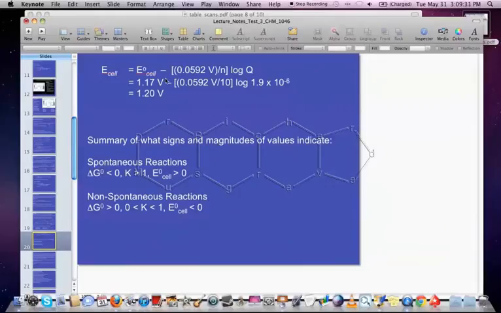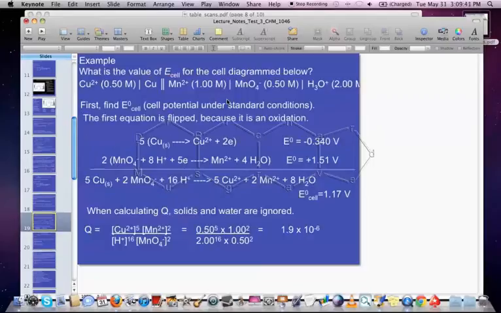Now I can go ahead and substitute in all my values. I found E naught cell. I've got 0.0592 volts divided by N. Now N is going to be the number of electrons transferred in the balanced equation. And you'll see that to get to this balanced equation, I had to multiply this by 5 to get 10 electrons, multiply this by 2 to get 10 electrons. So the number of electrons transferred was 10 electrons.